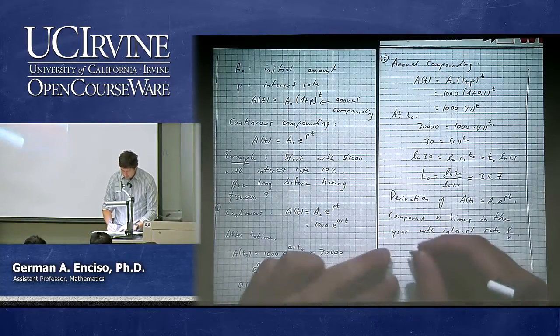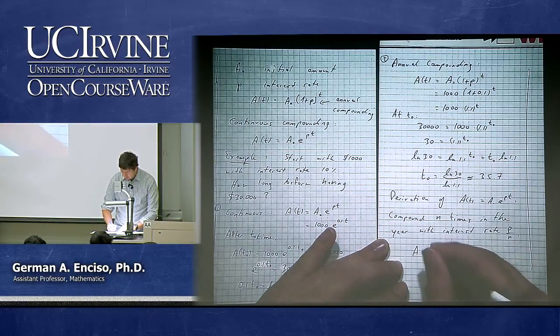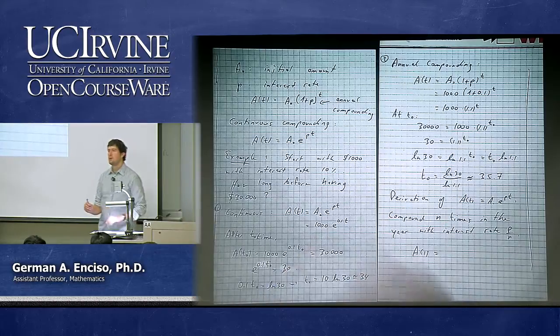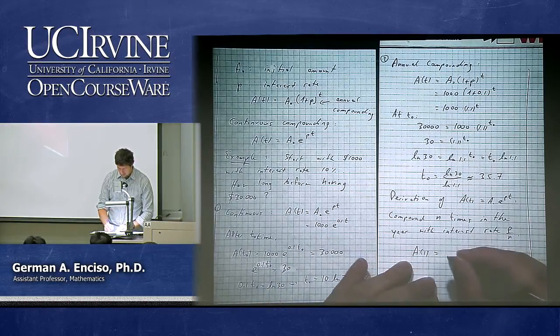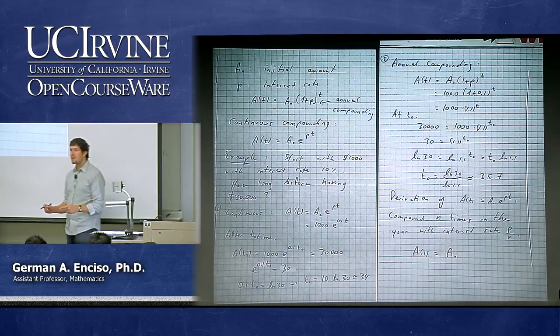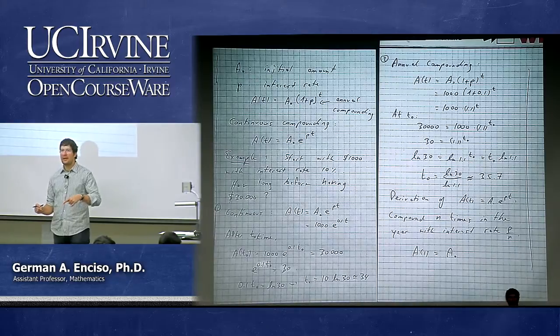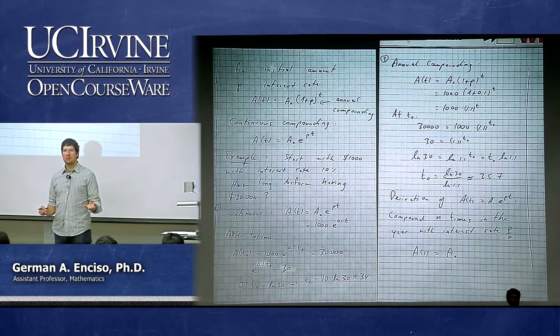Okay, so let's say you wait for 1 year. After 1 year, how much money do you have? Well, the starting amount, A0, and then it's the same as doing this month per month.